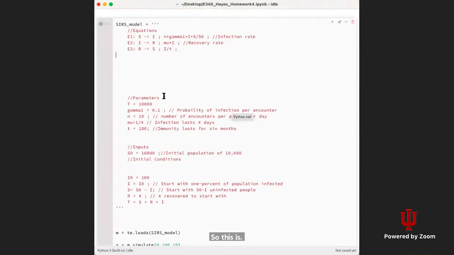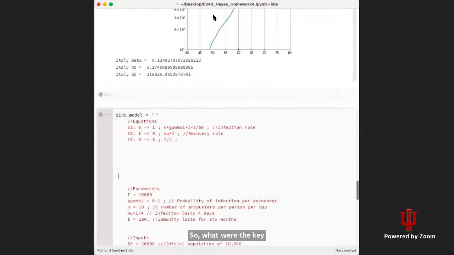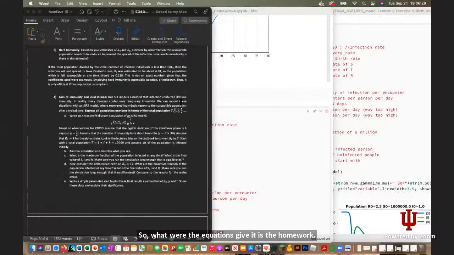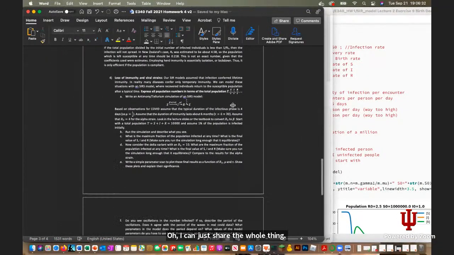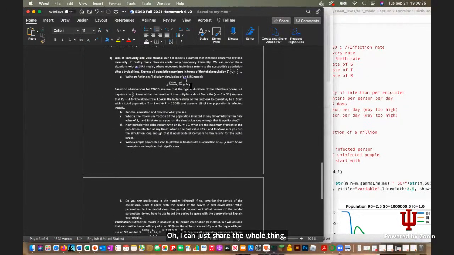Okay, so what were the equations given in the homework? Oh, I can just share the whole thing then. This one. Okay, so you have correctly identified that there is a typo in the homework, which is that the rate at which you recover.